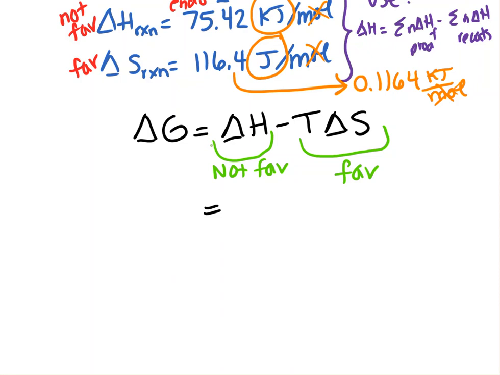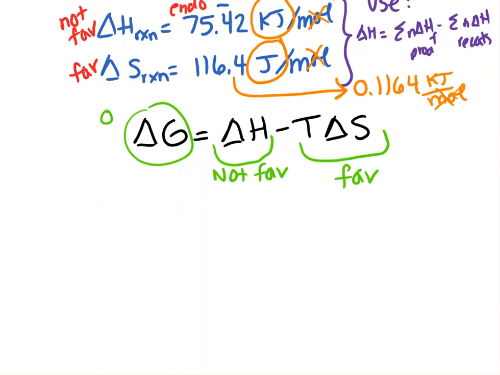It would go from non-spontaneous to spontaneous right when this number is 0. So what we want is for this term to be negative, so we're saying we want this part to be less than 0. So I'm putting in a 0 for my delta G and saying I want this to be less than that.